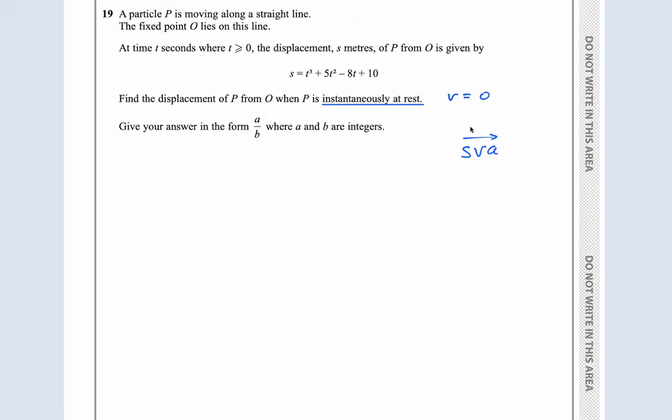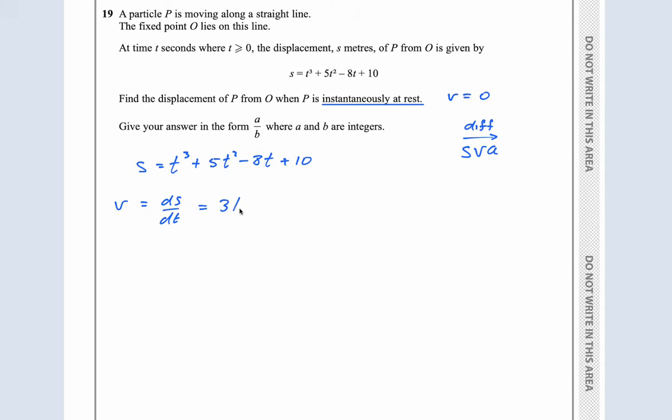You differentiate to get from one to the other. So if S is equal to t cubed plus 5t squared minus 8t plus 10, the velocity is equal to the derivative of this, which is ds dt. This is the velocity. So I differentiate this.